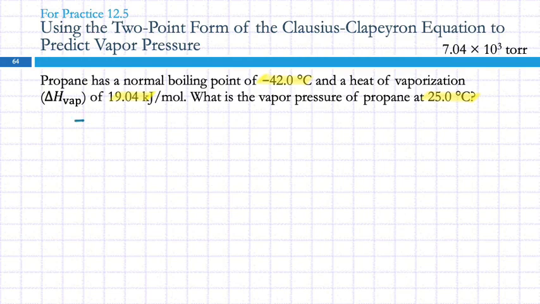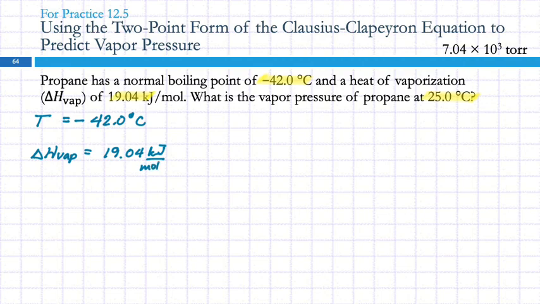But we've got a boiling point of negative 42 degrees Celsius, and so that's a temperature. We have the heat of vaporization is 19.04 kilojoules per mole.